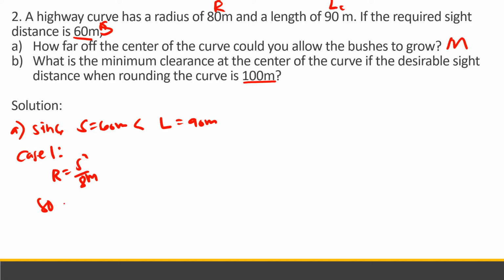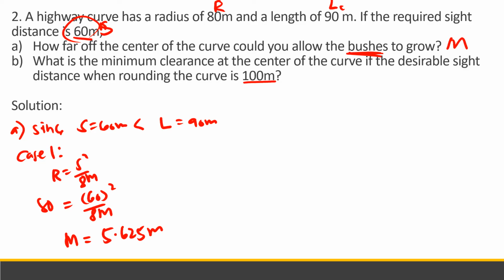So 80 is equal to 60 squared over 8M. So M natin, your middle ordinate is 5.625 meters. So 5.625 meters from the center of the road, dapat hanggang doon lang yung bushes or yung obstruction natin. So beyond that, hindi na siya pwede kasi malilimit na yung sight distance natin to less than 60 na siya.